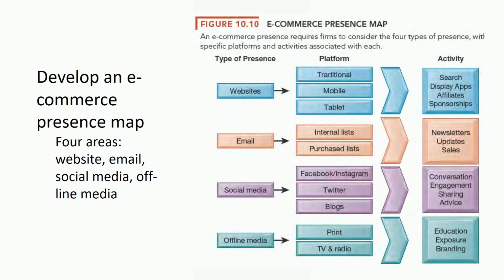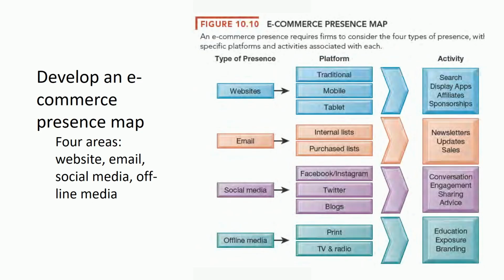Meanwhile, for the email, it will include the platform of internal list and purchase list. So the activity will include the newsletter and update after the sales. The next one is called social media.